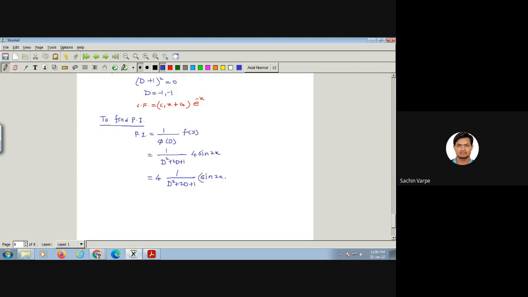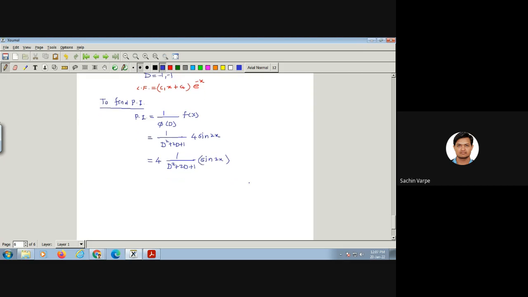तो this is a case of sine. तो sin(ax plus b) और sin ax के लिए क्या करते हैं हम? We replace D square by minus a square. What is a there? 2. So that will be -2 square. ठीक है.